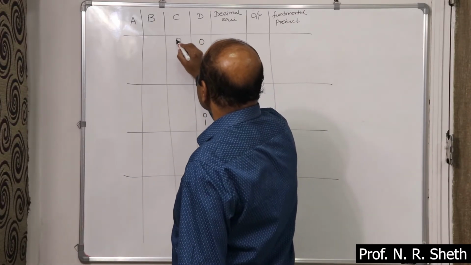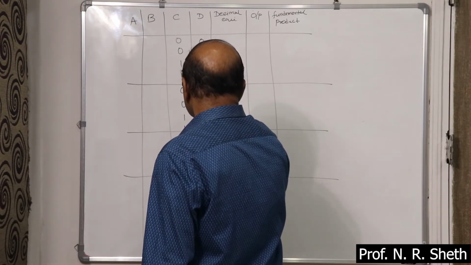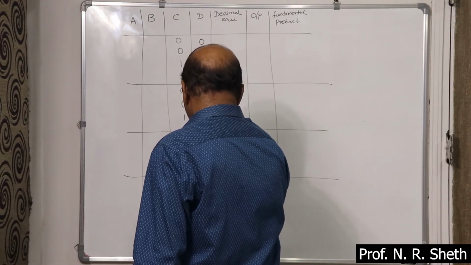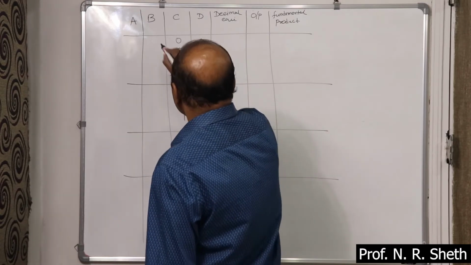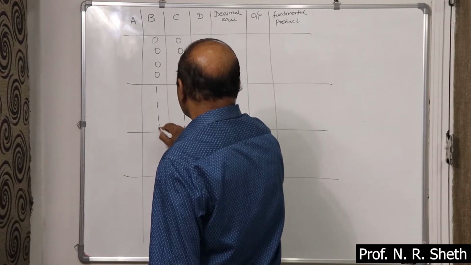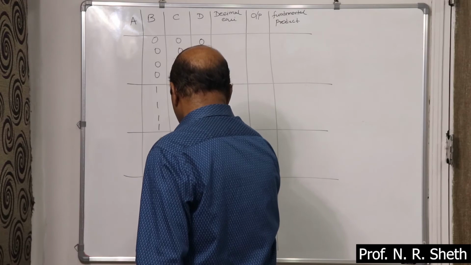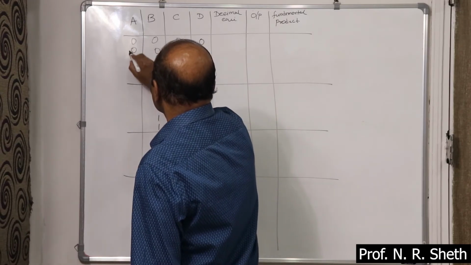Then 2 times 0, 4 times zeros, 8 times zeros.